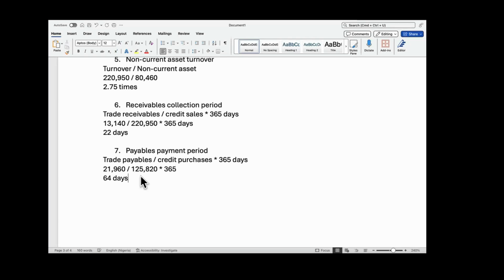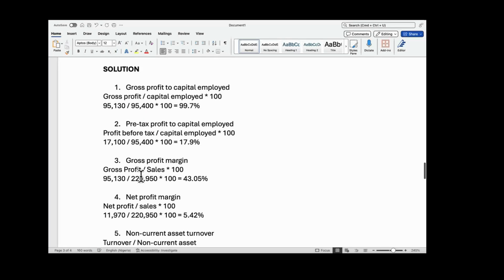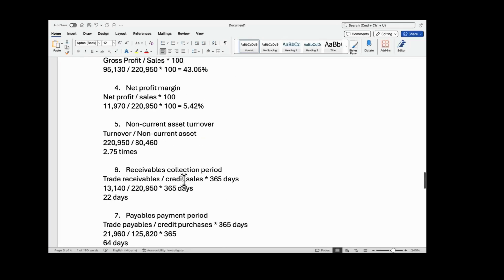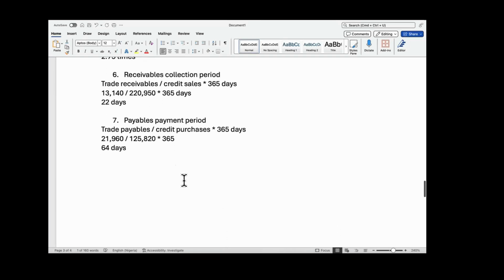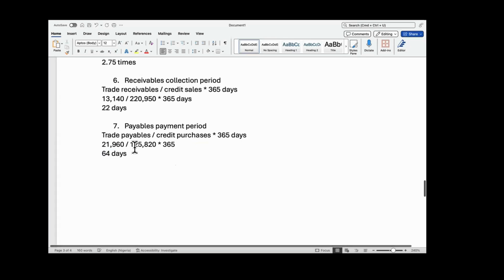But if I want to judge from this particular company, looking at its gross profit on capital employed, its gross profit margin, net profit margin, asset turnover, it is a profitable company. And I want to believe that if he is doing 64 days, it's because he was able to negotiate an extended credit period with its suppliers, and the supplier will have agreed because he is a profitable company.